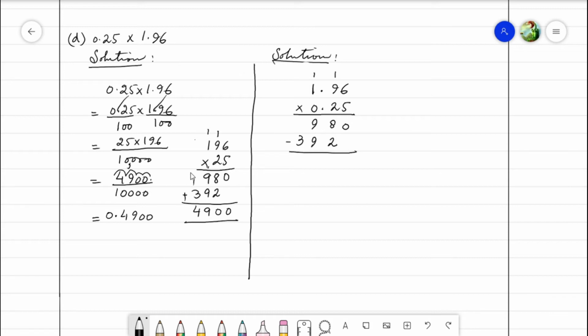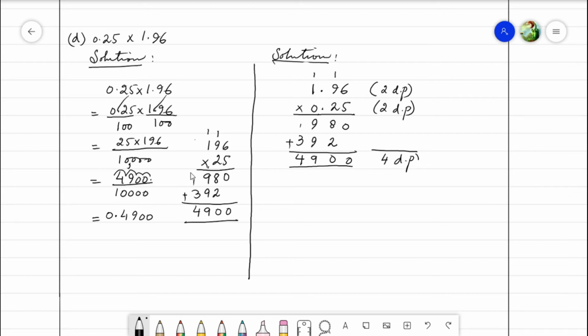So now I would add them. That would be 0, 8, 9, 10, 0, 9 plus 2 is 18, 19, and that would be 4900. Now we have to put the decimal where it belongs. There are two decimal places in the first number, there are two decimal places in the second number, so we will add 2 plus 2, that would be 4 decimal places.